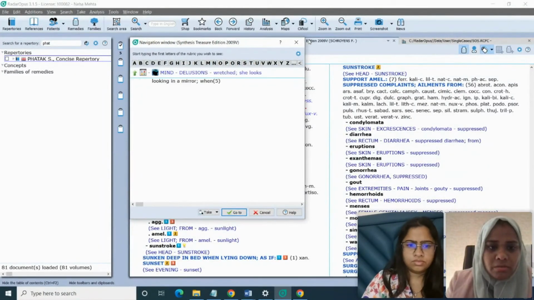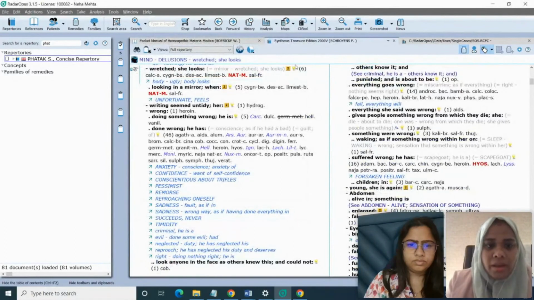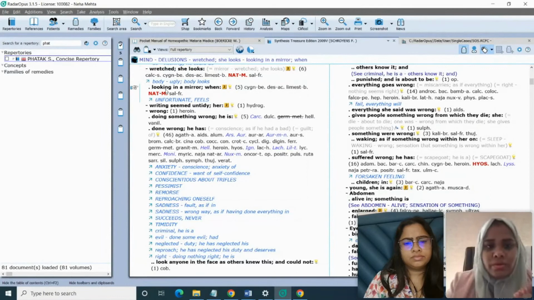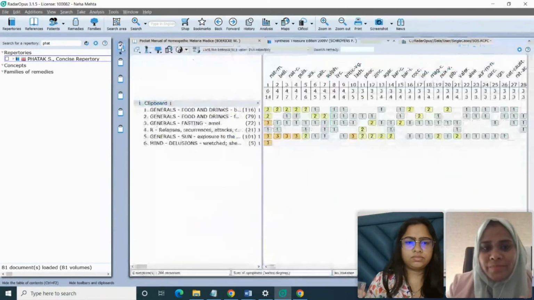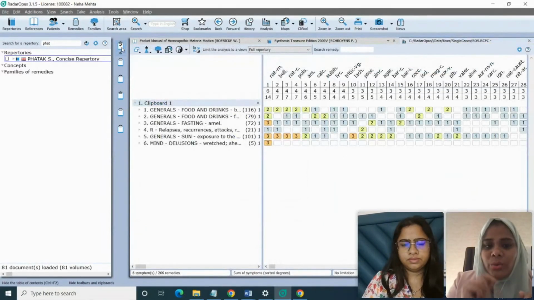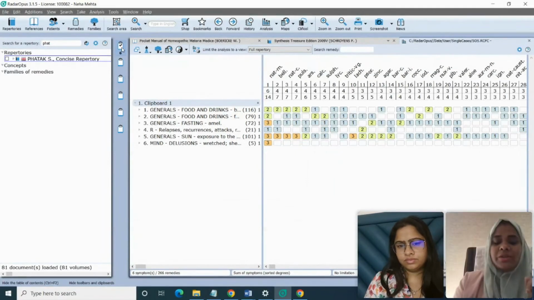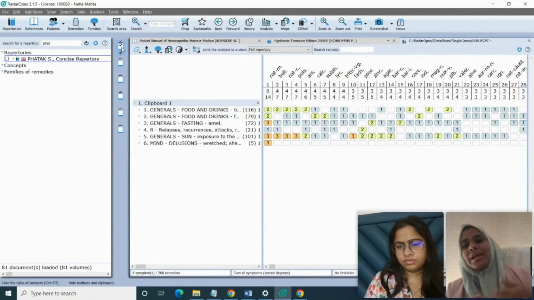In mirror, yes. And you see, there is a remedy that stands very out. Take this. In all other remedies that you have, natrum mur stands out. And then the personality type.